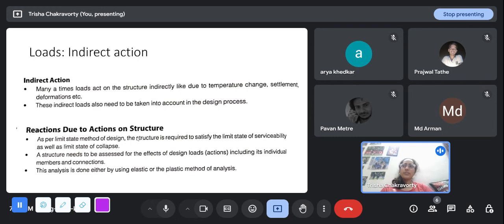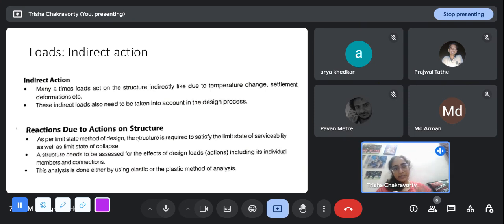And deformations also. When you are designing a structure, you design its individual components. You design all the beams, all the columns, all the connections. But suppose one member is not designed well. If that member deforms, someone has to take the stress. The structure as a whole has to take the stress unless it is to fail.